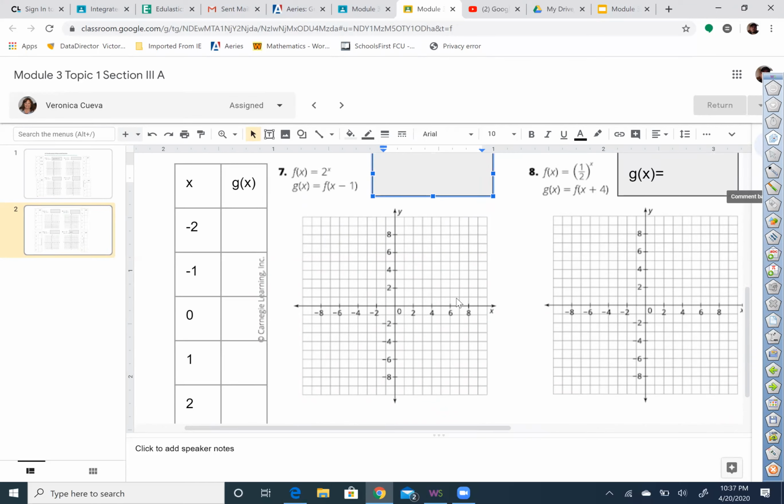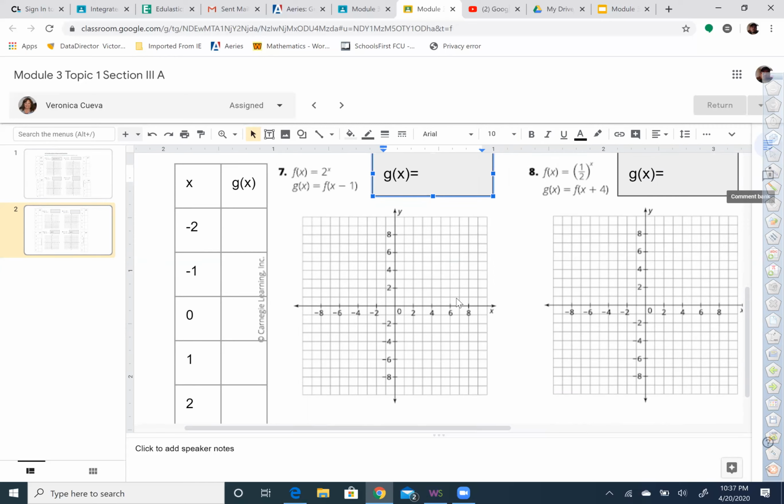Okay, so it's still gonna be g of x equals, but instead of putting the 2 to the x and putting it down here, which looks like you would use the distributive property, but you're not. It's just that x minus 1 is gonna replace the x value on f of x. So the x minus 1 replaces the value of x.